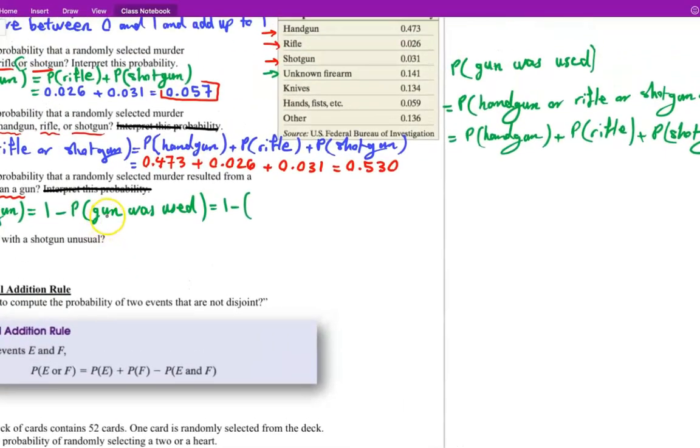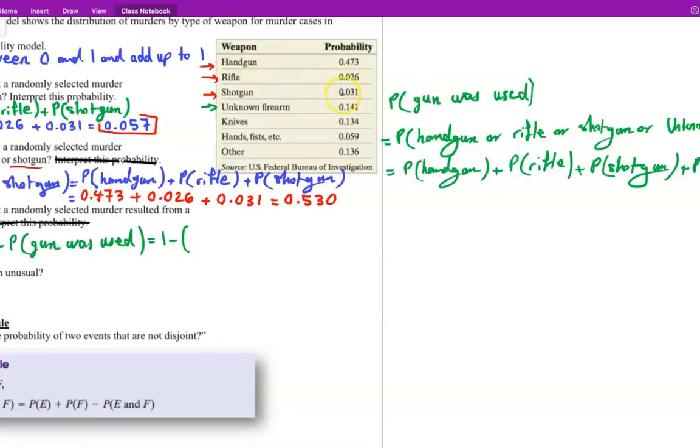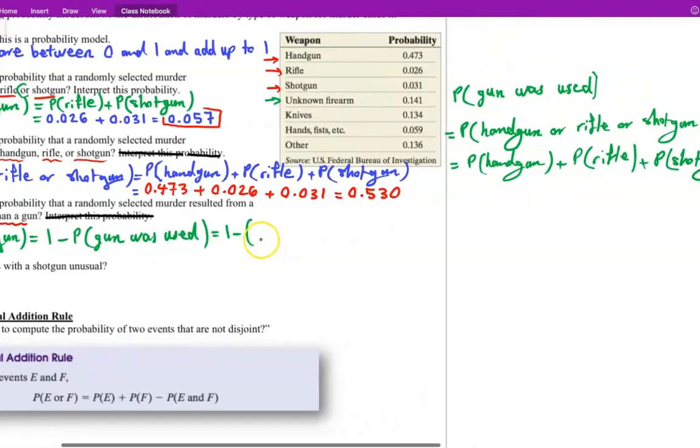Probability of gun was used. Adding all these four numbers and subtracting from 1 is the answer for weapon other than gun.